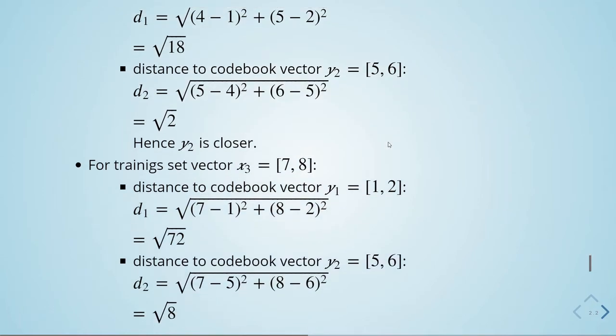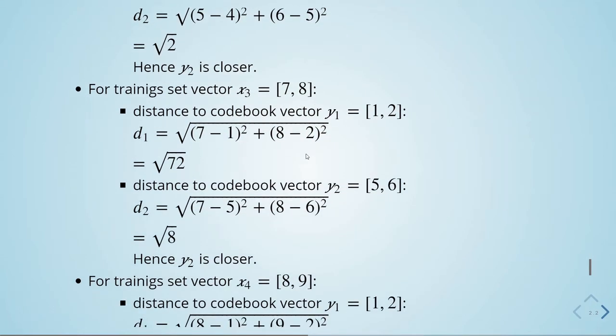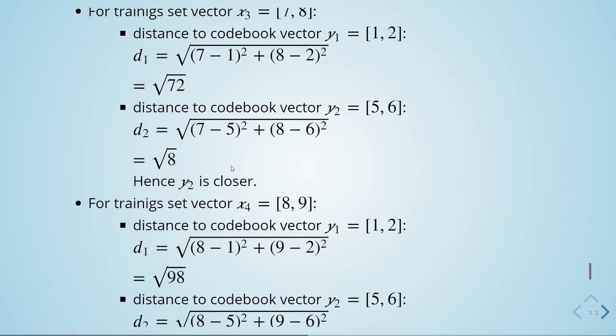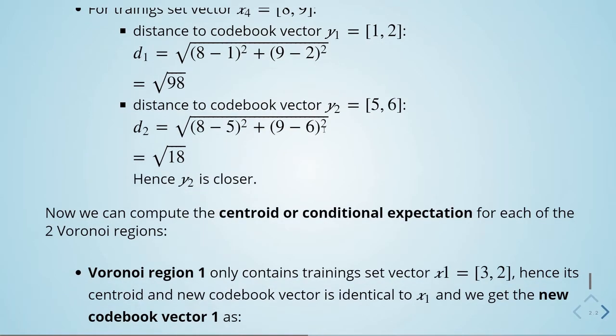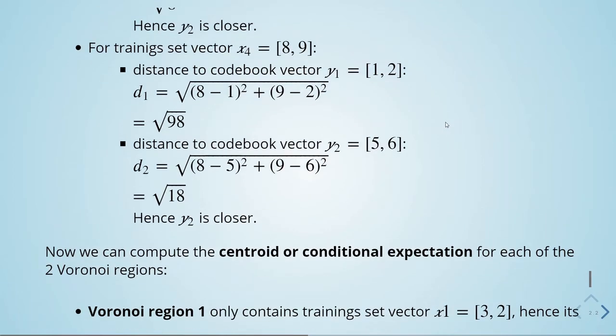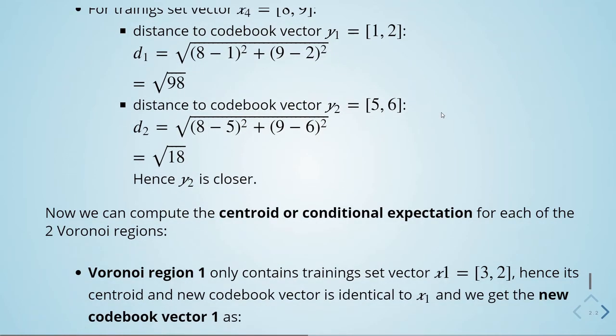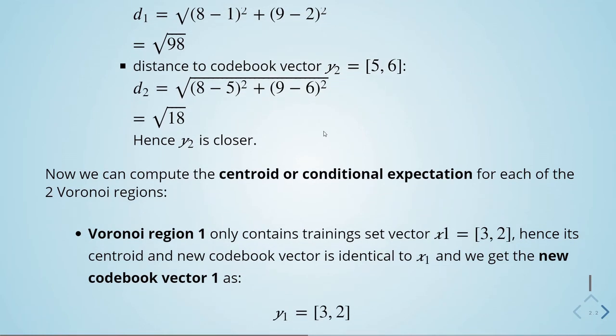We move to the next training vector, we calculate the distances, and we see which codebook vector is closer until we've gone through all the training set vectors. Now we can compute the centroid or the conditional expectation for each of the two Voronoi regions.